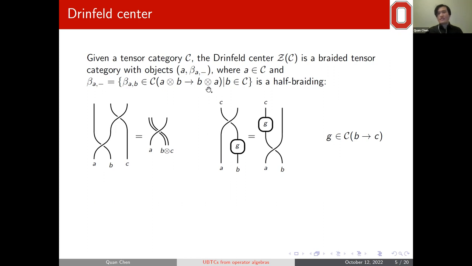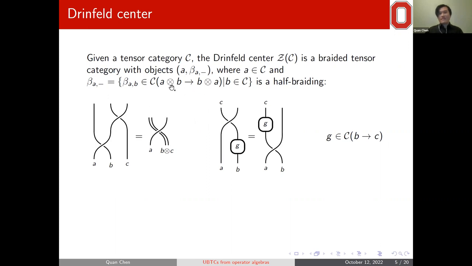We know that the center of an algebra is always a subalgebra of the algebra, but the Drinfeld center is not always a subcategory of the category C. In general, it should be pretty large, especially if you start with a modular tensor category, then it will be the square of the size, if you care about the dimension of the category.